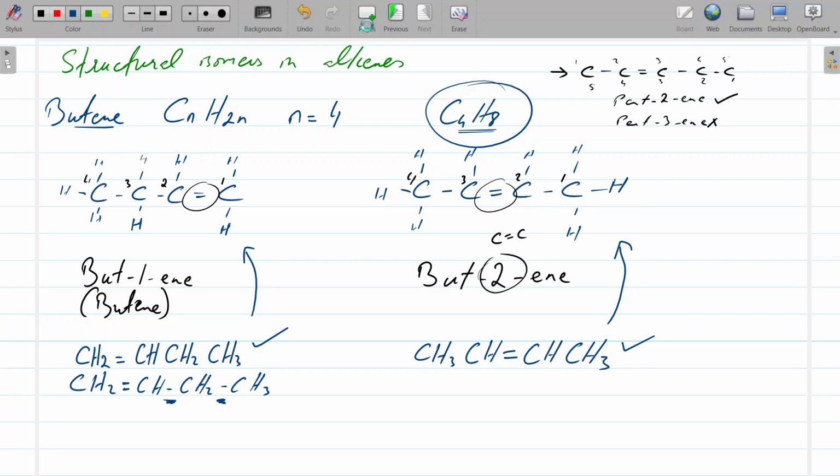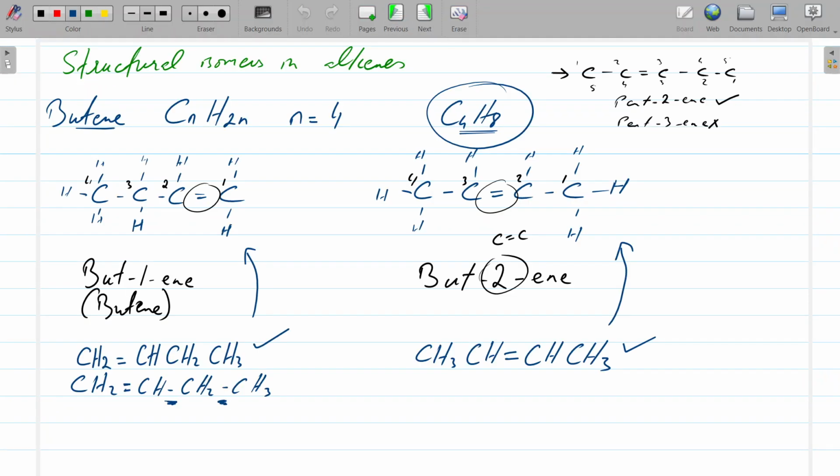Now just one more thing. This is not clear when we talk about butene, but in the pentene example I gave you, we did pent-2-ene.